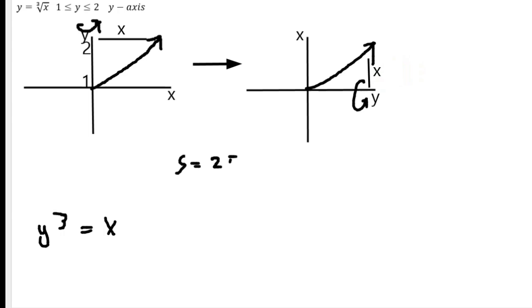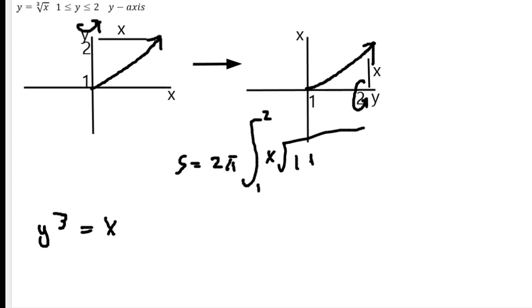So s equals 2 pi. And we're going to have 1 to 2 here. We're going to use c to d, and we're going to use x here.